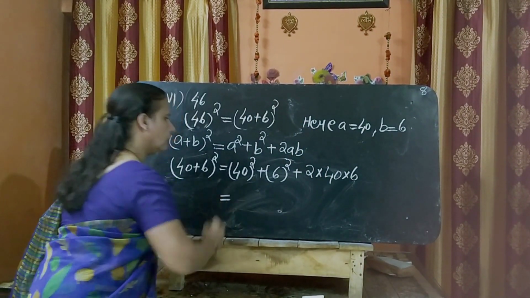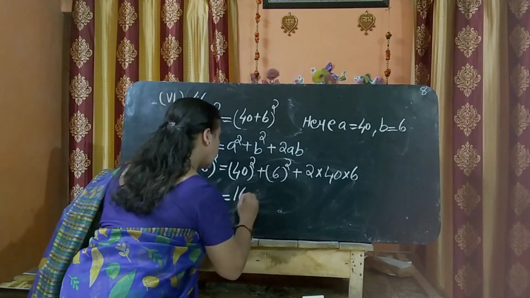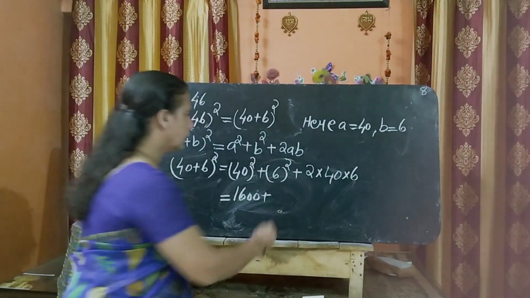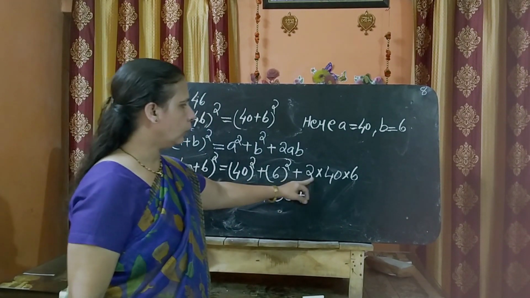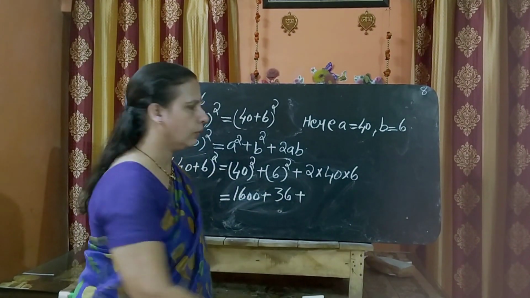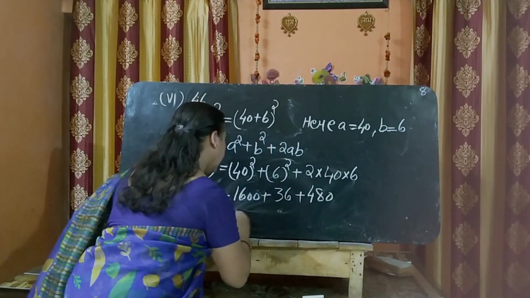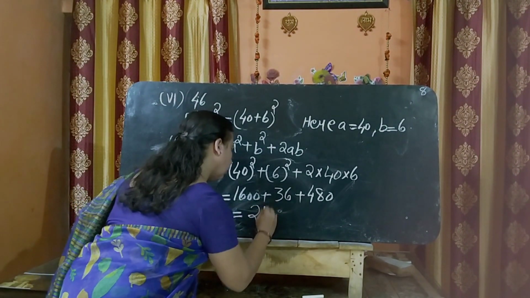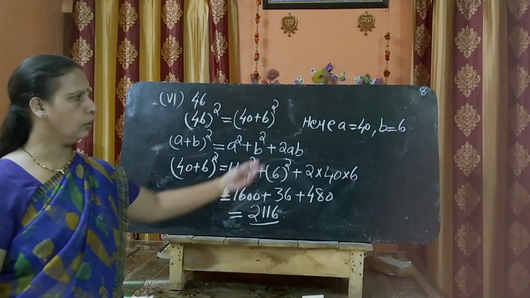That is equal to 40 square, 40 into 40, 1600, plus 6 square, 6 into 6, 36, plus 2 into 40, 80, 80 into 6, 480. After adding these terms, we will get 2116. Copy down this.